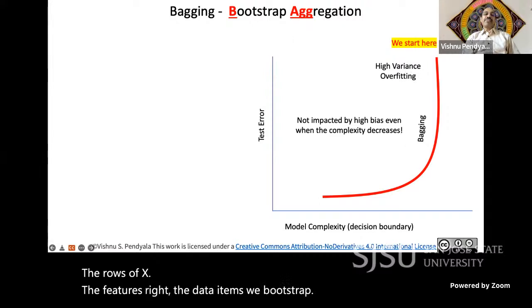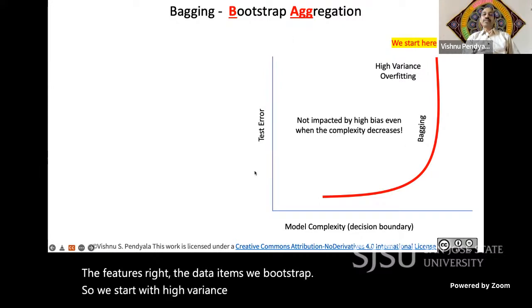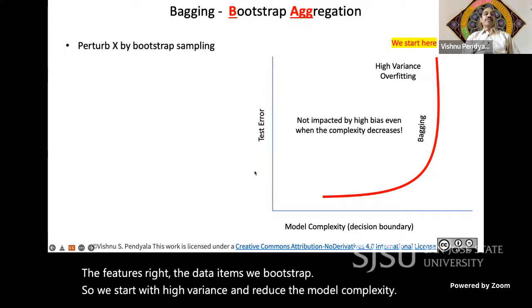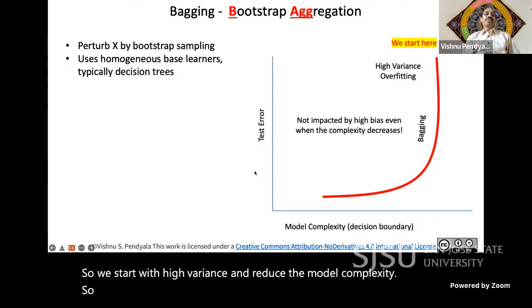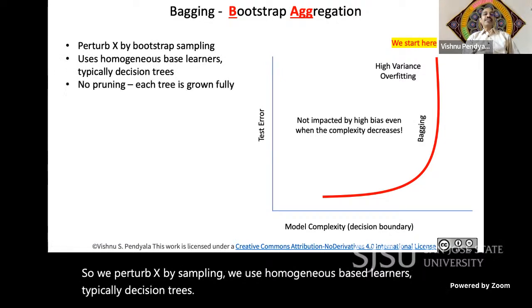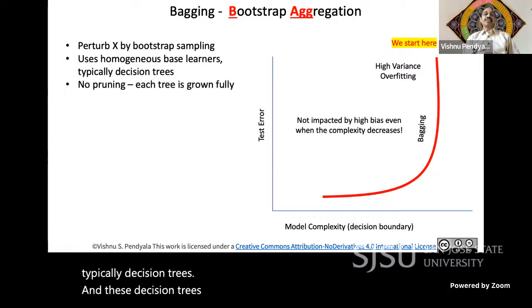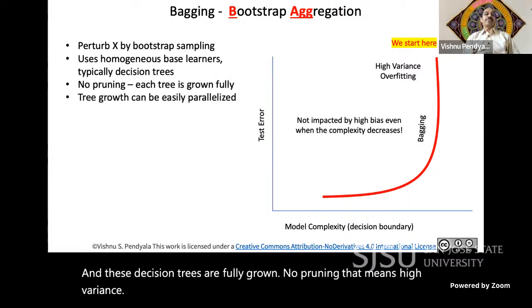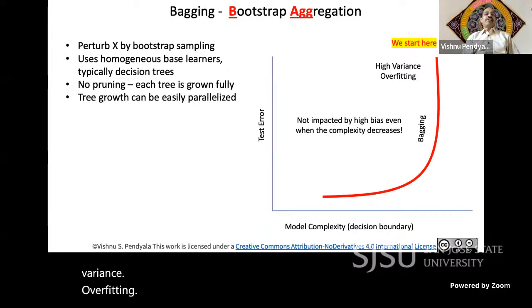So we start with high variance and reduce the model complexity. We perturb X by bootstrap sampling. We use homogeneous base learners, typically decision trees. And these decision trees are fully grown, no pruning. That means high variance, overfitting. And the tree growth can be easily parallelized.